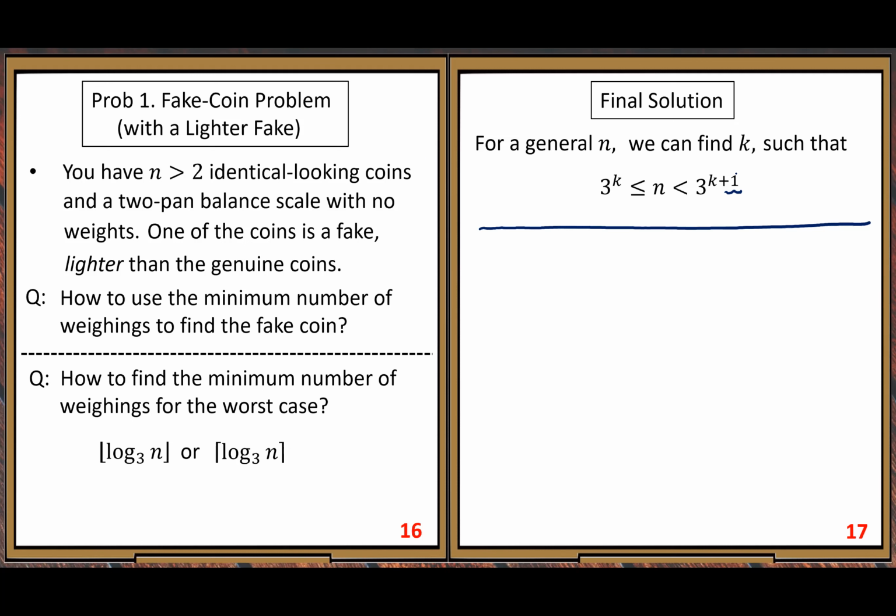Now, let me draw a diagram to show why this inequality is always true.